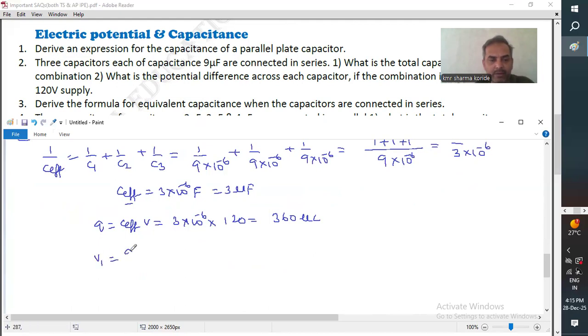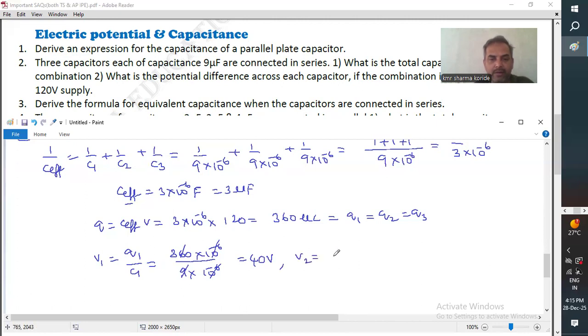V1 equal to Q1 by C1, because in series combination the charge stored on the plates of each capacitor is the same. So this 360 is the same for Q1, Q2, even Q3. So Q1 equal to 360 into 10 to the power of minus 6 divided by C1, which is 9 into 10 to the power of minus 6. This and this get cancelled, you get 40 volts.